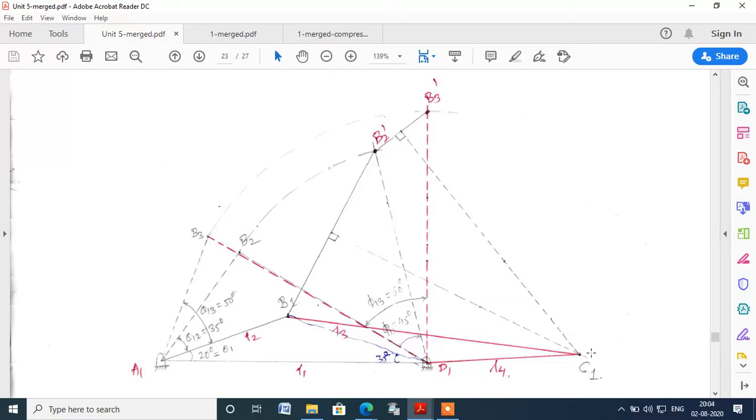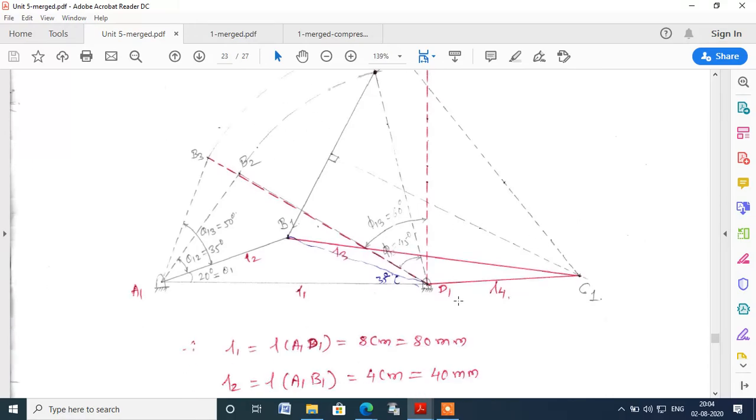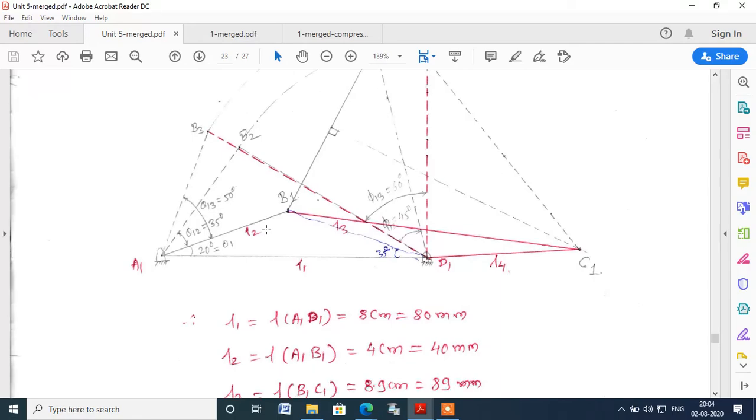If you see on your sheet, these two perpendicular bisectors will meet somewhere; mark that intersection point as C1. Okay, understood? Then join B1 C1, correct, and C1 D1. So our required 4-bar mechanism is complete, that is A1 B1, B1 C1, C1 D1 and D1 A1. This is L1, L2, L3 and L4.